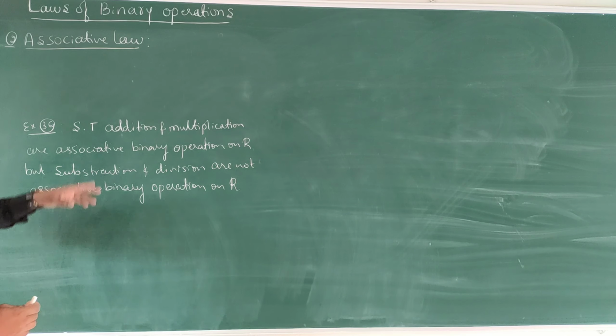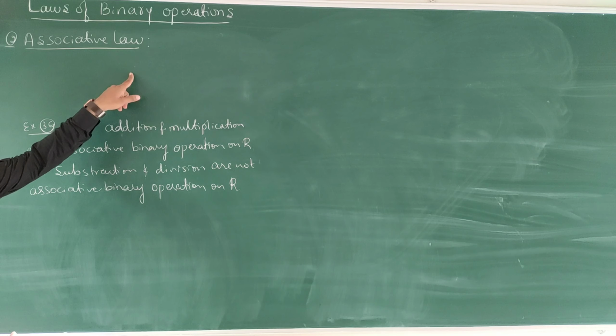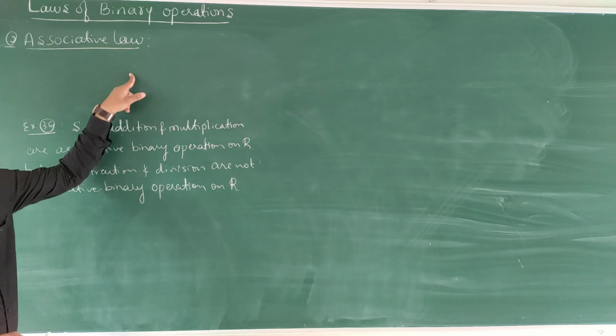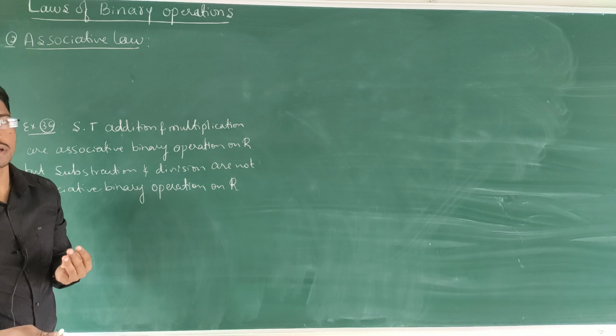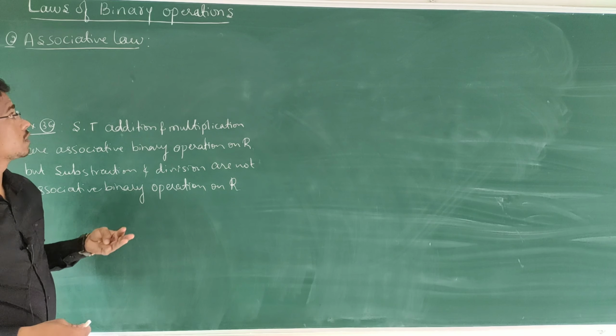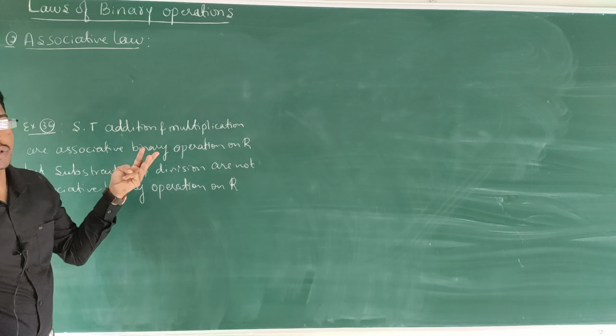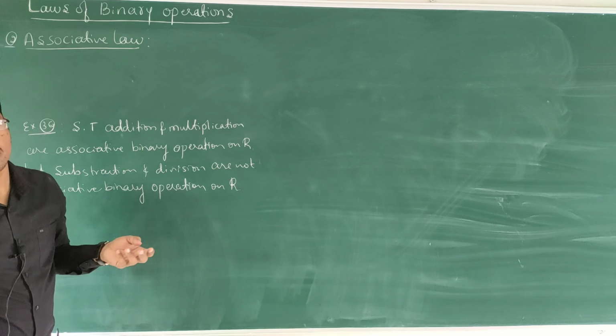Second law, associative law. Associative means, as we already know, we need at least 3 elements for the association. So what is the associative law on a binary operation?